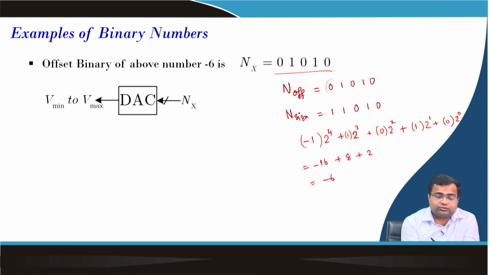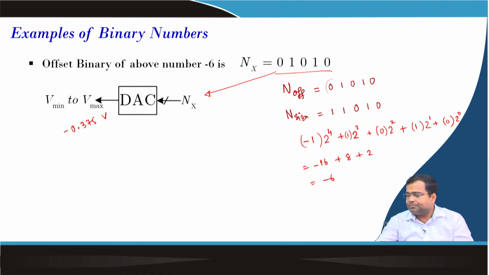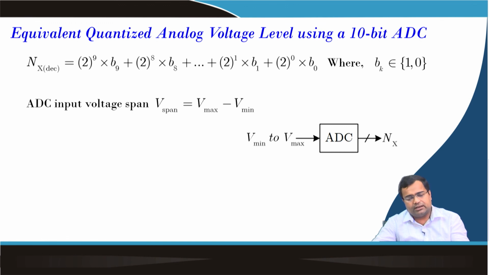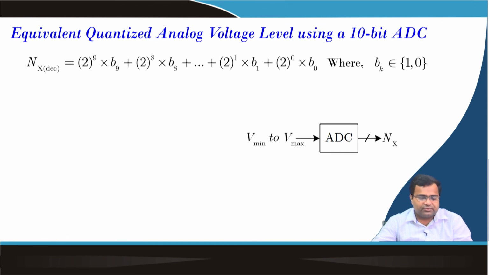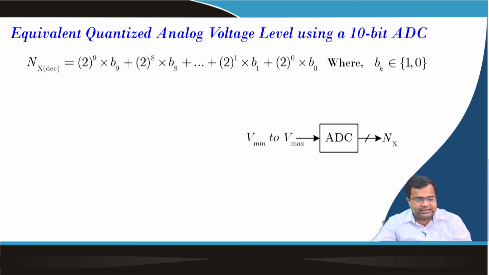So this is a DAC, that means, if we pass a number in the offset binary form, it will result into minus 375 millivolt. Okay. So, if we talk about this equivalent analog voltage, first of all, we have to understand the span that we have discussed, that is the range of the voltage swing compatible for that ADC.